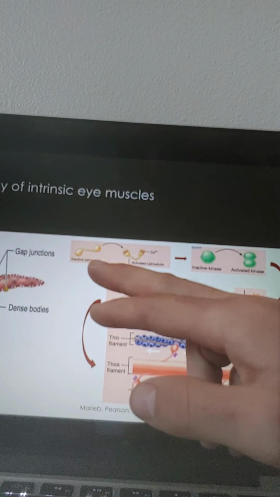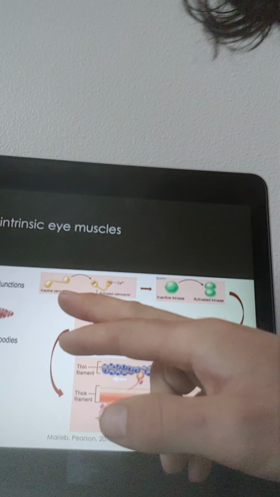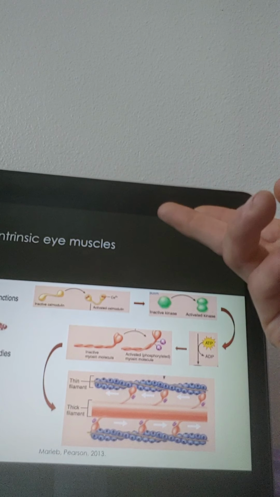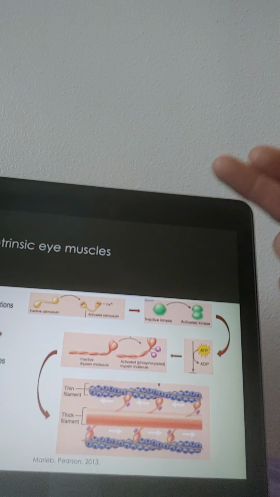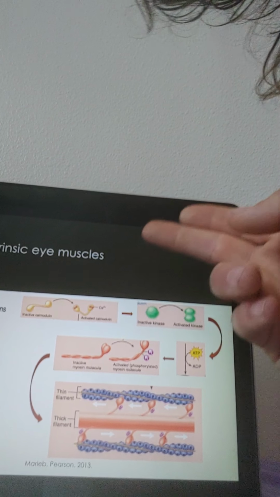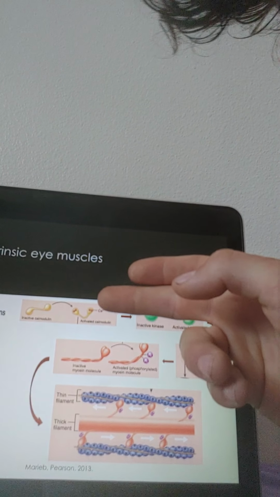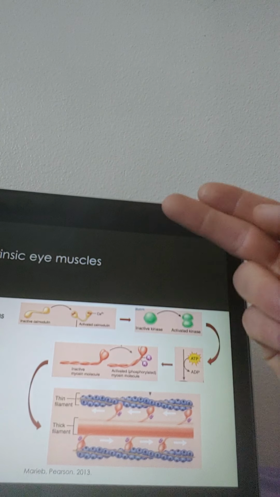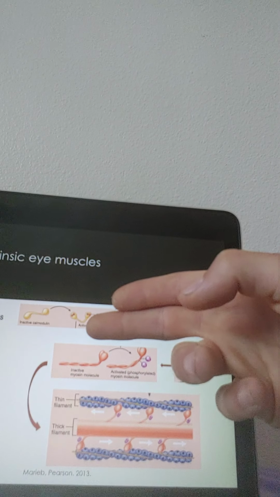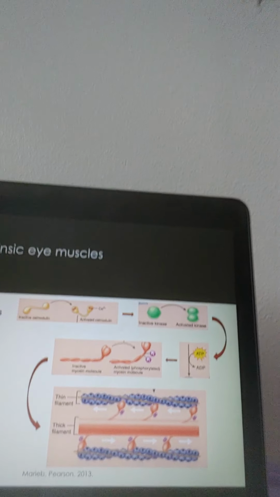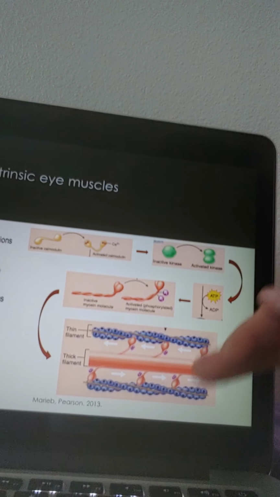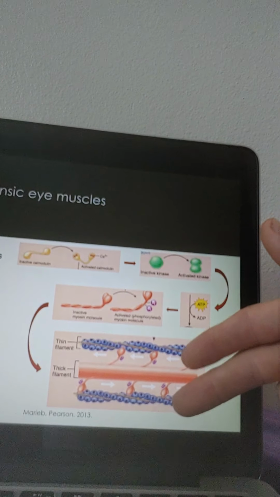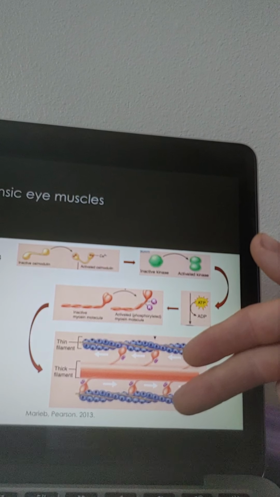And so there's this calmodulin protein, which, similarly to skeletal muscles, uses calcium, which is stored either extracellularly or in the sarcoplasmic reticulum, to activate the protein and initiate this contraction of the actin and myosin filaments.